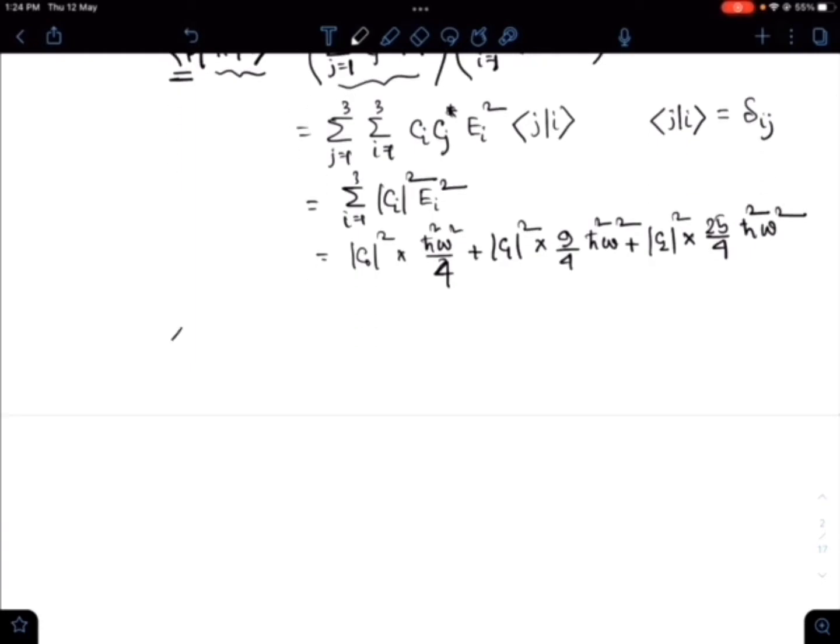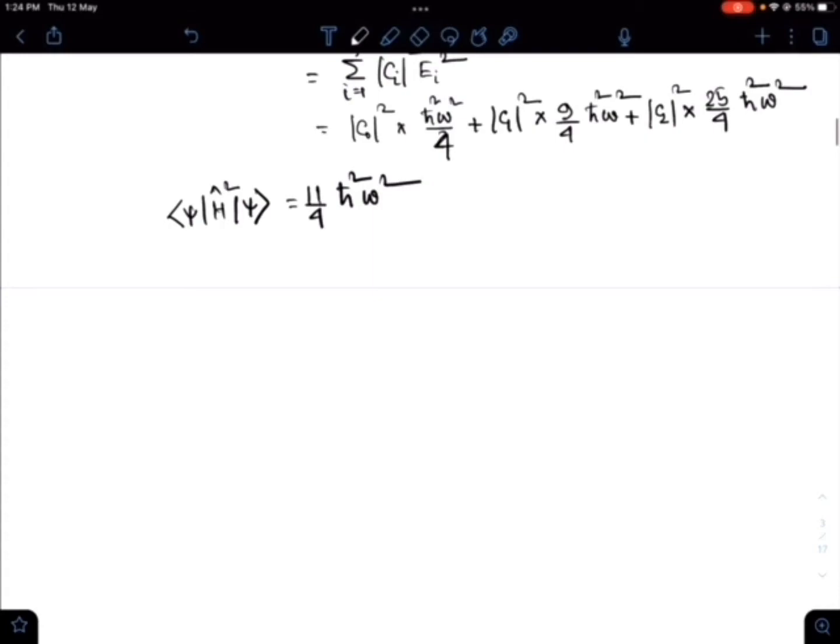So this <psi|H^2|psi> is given as 11/4 h-cut^2 omega^2. So we have another condition, which is C0^2 + 9 C1^2 + 25 C2^2 equal to 11. So this is our third condition.